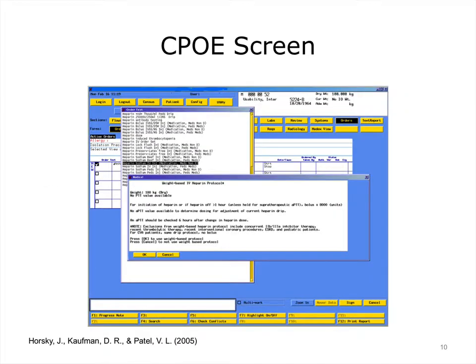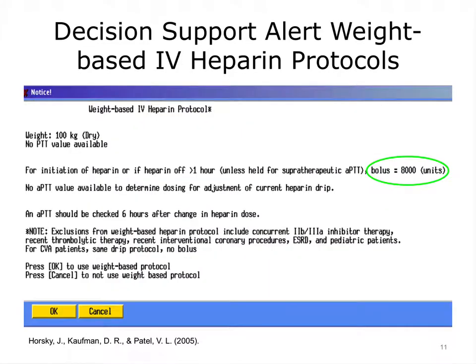This is the CPOE screen seen by the clinicians. In the scenario, they were in the midst of ordering and an alert screen popped up. Let's take a closer look at the alert screen. Alerts are often constituted by remarkably complex messages. The critical information is that the appropriate dose should be a bolus of 8,000 units.